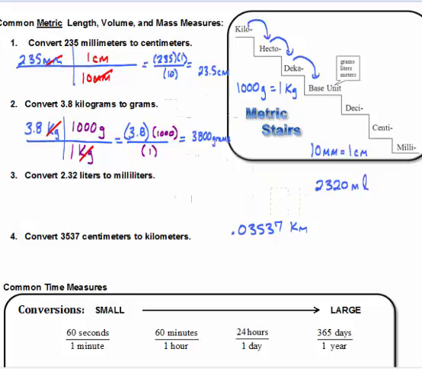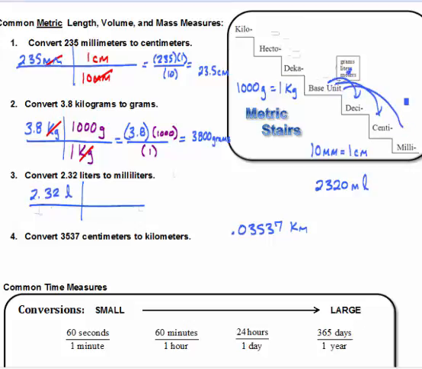Alright, so in this one we have 2.32 liters, and we want to convert that to milliliters. So in this case we're going to count going from liters, which would be a base unit, down 3 times. So 3 stairs. And if you look at this one carefully, it would essentially suggest that there are 1,000, because there's 10 jumps right there, 3 jumps right there, so it would be 1,000 milliliters equal to 1 liter.